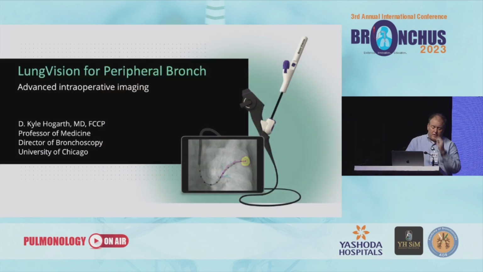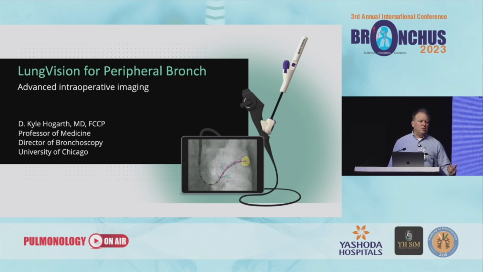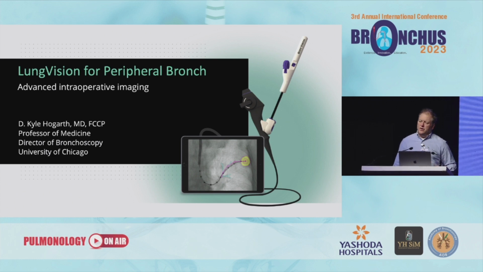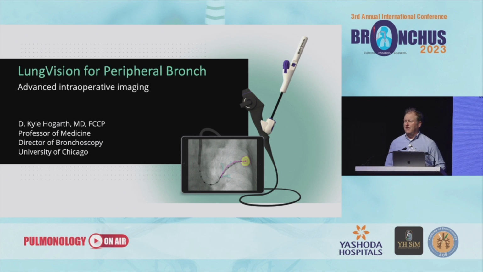So I am going to talk about lung vision in particular, but I think the theme, as Mike just highlighted as well, we can talk about all the different technologies, but the need for external imaging to confirm where your tool is, whether that's a thin scope, a catheter-based system, or something robotic, the data and the experience of the users will tell you that external validation is important.